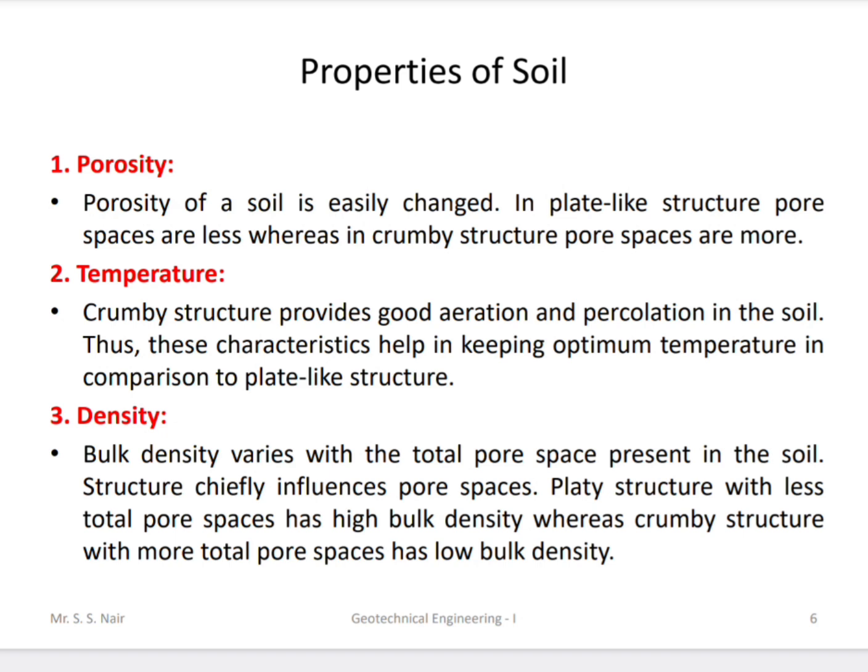If you consider density, bulk density varies with the total pore space present in the soil. Structure chiefly influences pore space. Platy structure with less total pore space has high bulk density, whereas crumbly structure with more total pore space has low density. So it mainly depends upon the pores in the structure.